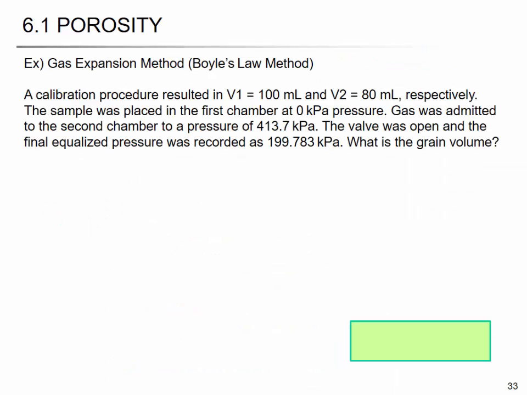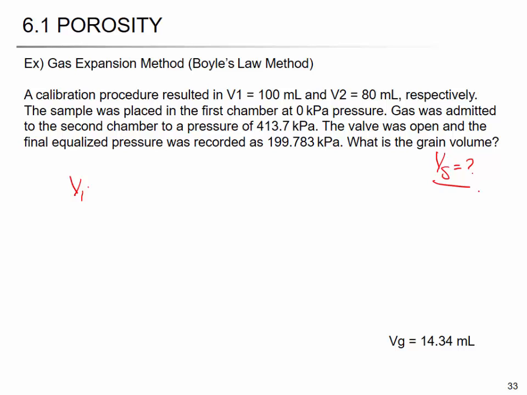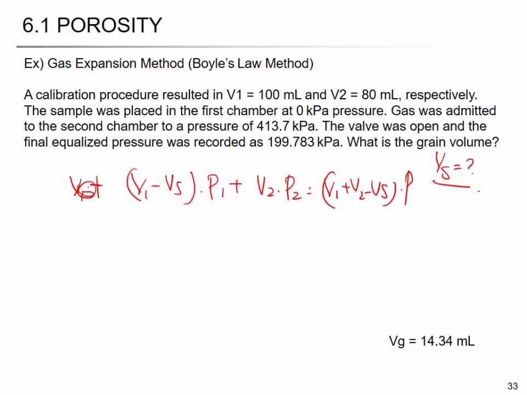So let's solve one example. V1 minus Vs times P1, plus V2 times P2, equals P3 times the total volume.